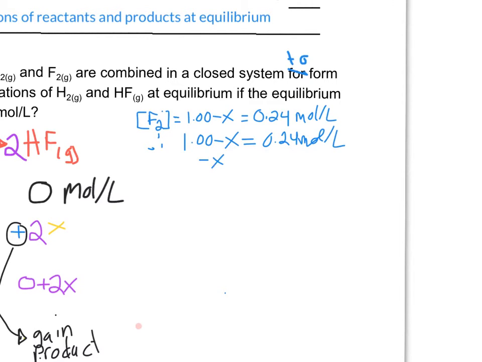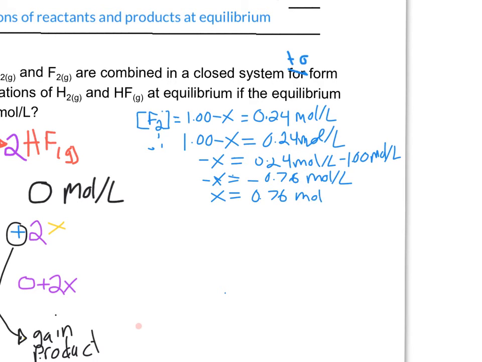We subtract 1.00 from each side: 0.24 mole per liter subtract 1.00 mole per liter. We end up with a negative number. Negative X is going to be negative 0.76 mole per liter, and then you just multiply both sides by negative to get rid of that. X equals 0.76 mole per liter.